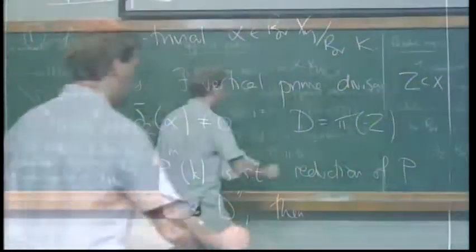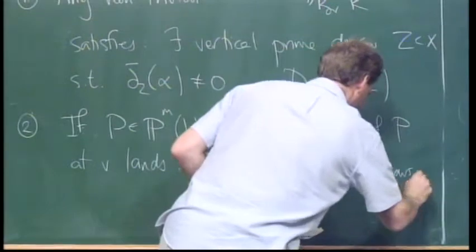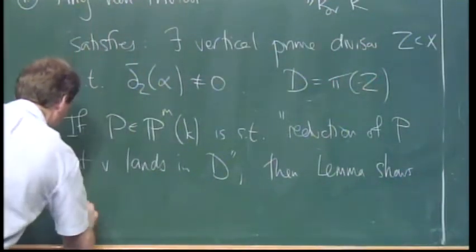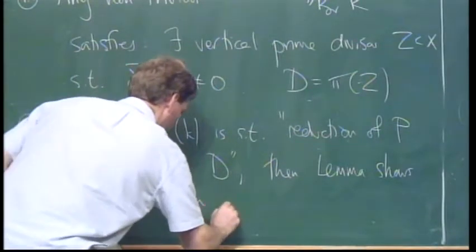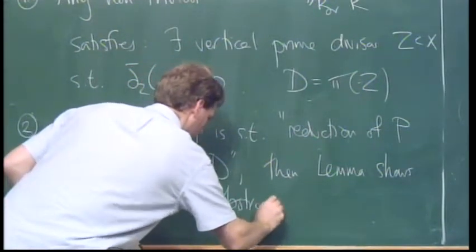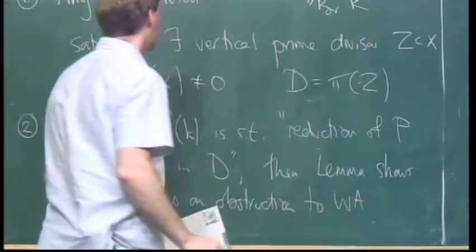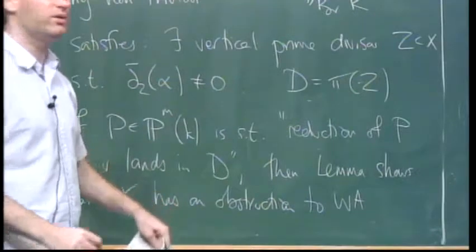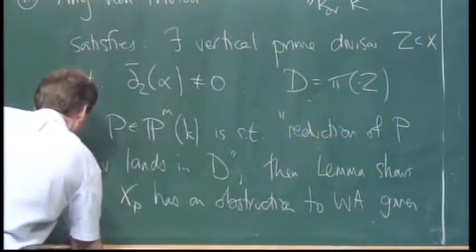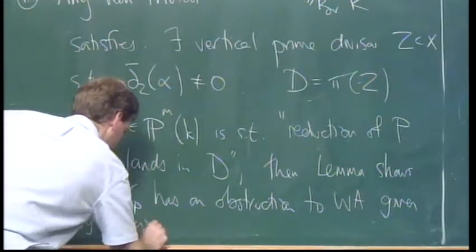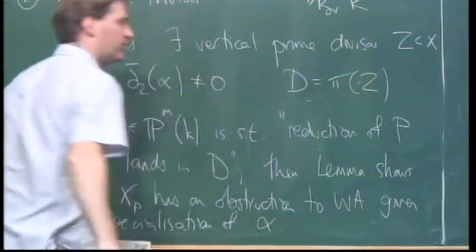So then the lemma shows that X_P has an obstruction to weak approximation, and it's given by the restriction of this class. So given by specialization of alpha.